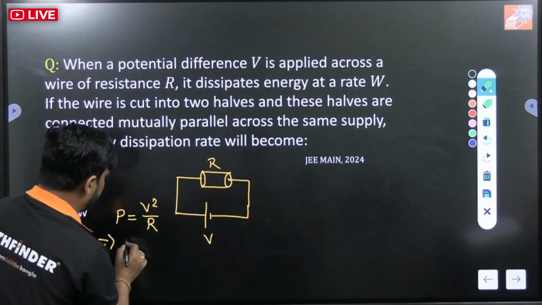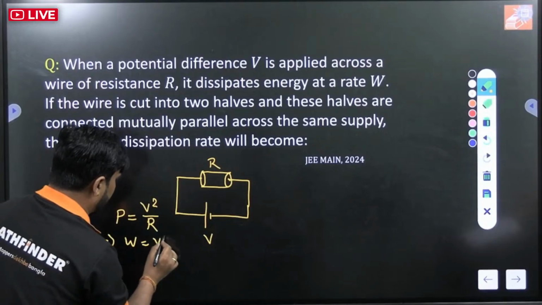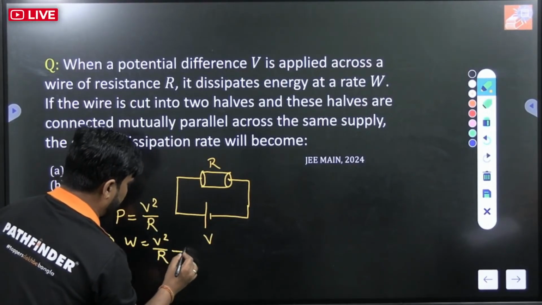It is W. So W is equal to V square by R. Now it is equation number 1.